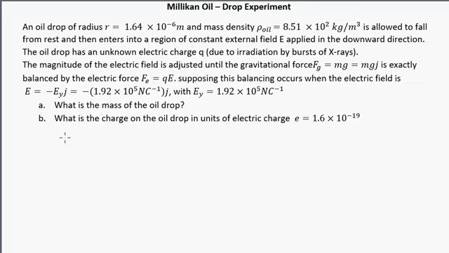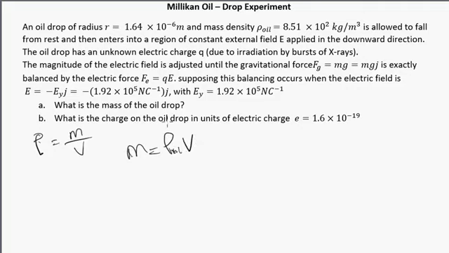Now, what relationship do we express here to get the mass? So now remember that the density rho is mass over volume. If density is mass over volume, it means the mass will be equal to density of the oil times the volume of the oil.